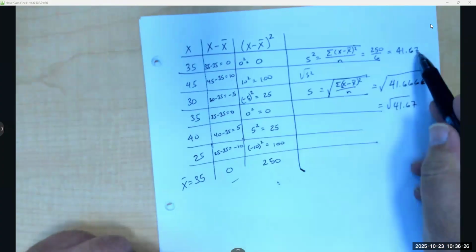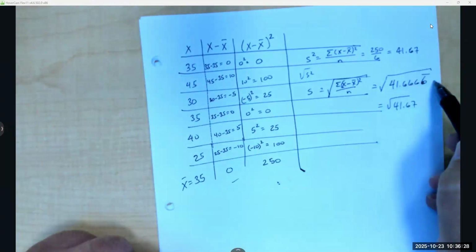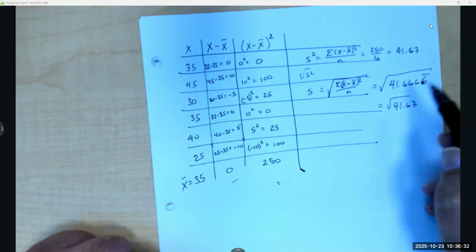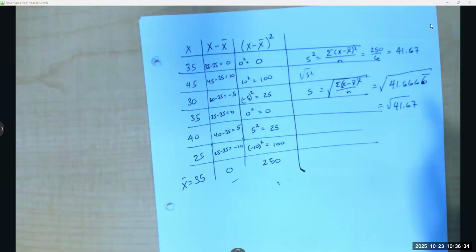If we didn't round this one originally, if we had 41.6666666 and we square rooted it, it's kind of the same. But the more times you do it, the bigger the number is, the more difference it becomes. It's kind of like if you ever went shooting and you have your sight set on something, and you move just a little bit, even though it's just a very small fraction, when it goes down that range, it's going to be more than a little bit.